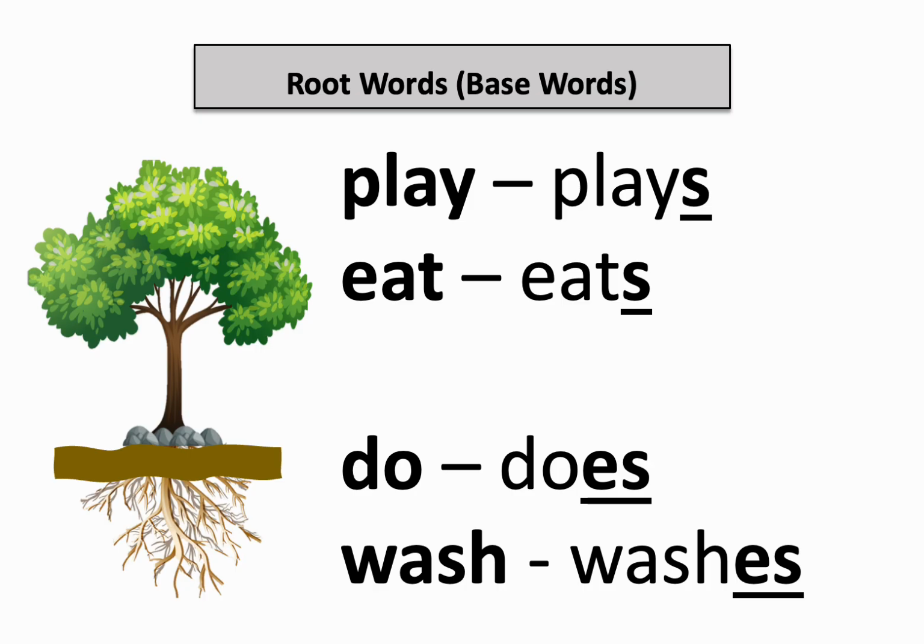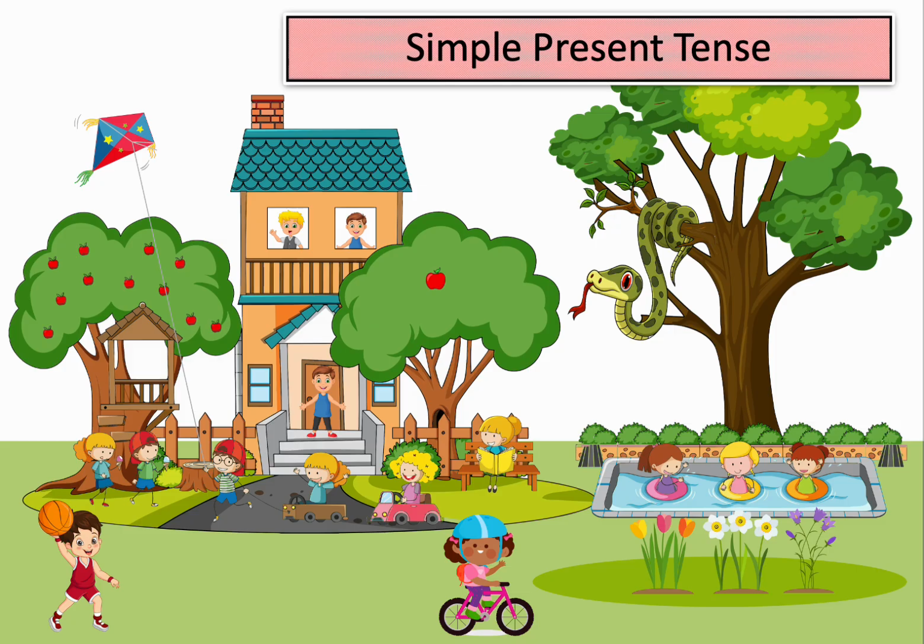For example, play is the root word. Plays, we add the suffix s. The same for eat and eats. But you also see that for do and wash, we did not use option 1, the s. We added es to does and washes. That is option 2. So it is always or the S or the ES.